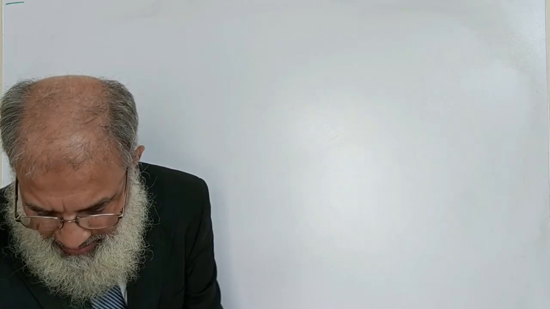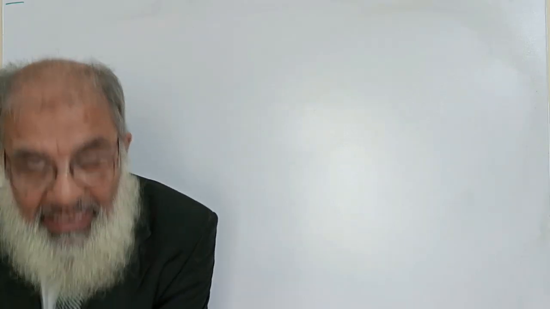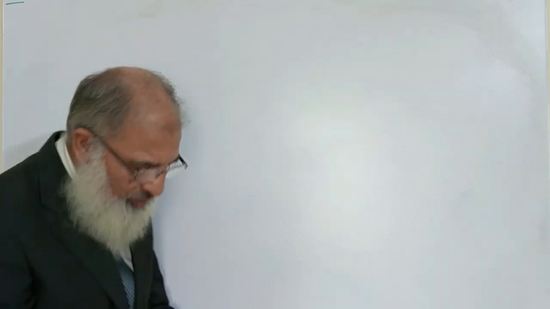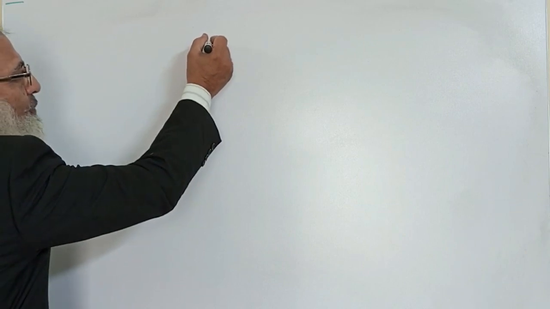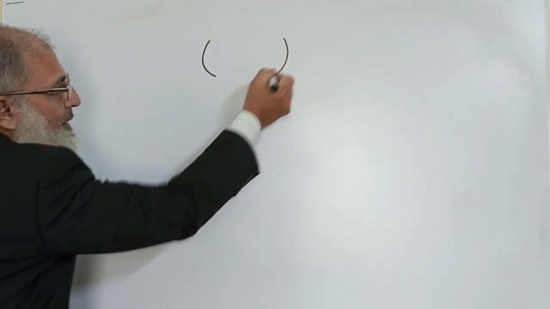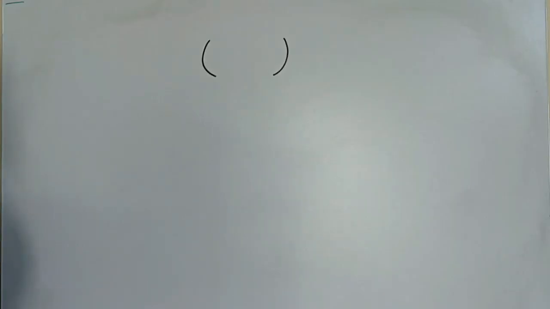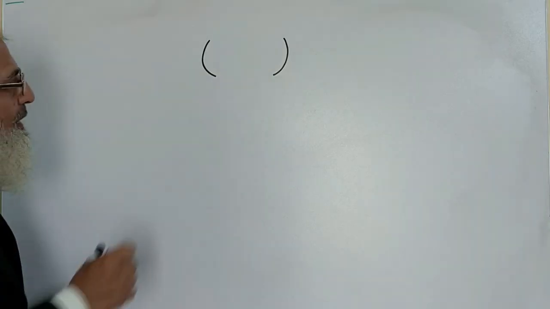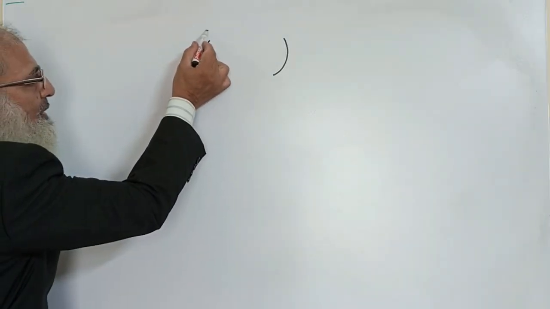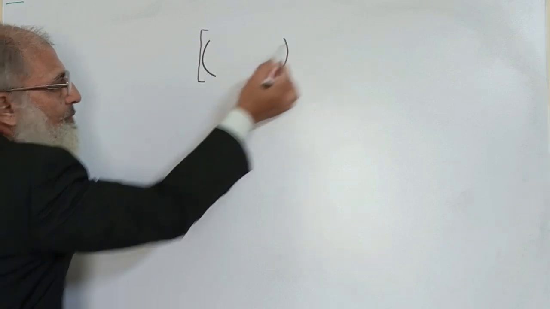And I told you that the brackets are of three kinds. Three kinds of bracket in your book. The first bracket is the parenthesis. What is it called? Parenthesis. And the next one is the square bracket in your book.